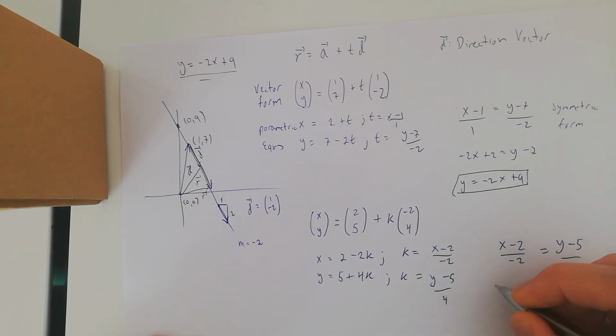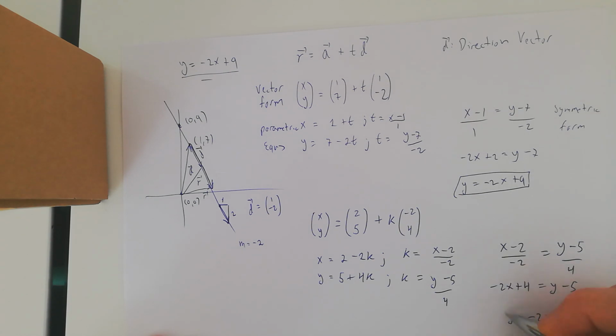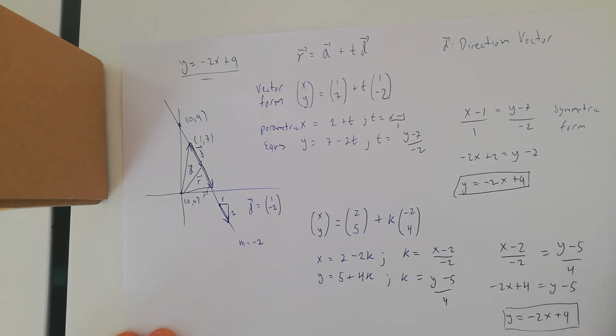If I multiply by 4, I get minus 2x plus 4 equals y minus 5, and as you can see again, y is equal to minus 2x plus 9, and that of course again is the same equation. So there are infinite ways to describe a straight line with the vector form.